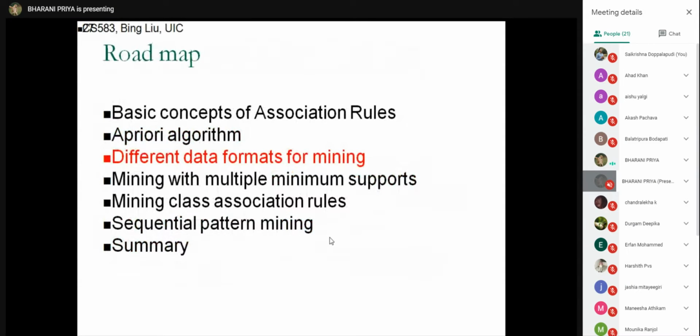So different data formats. What data format are you using here? Transactional data format, which is in the form of rows.